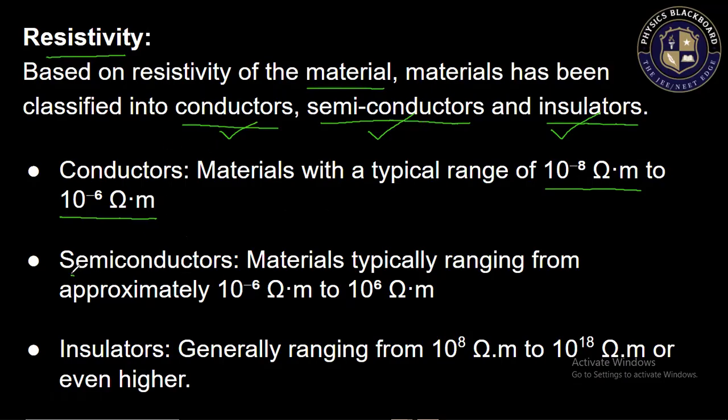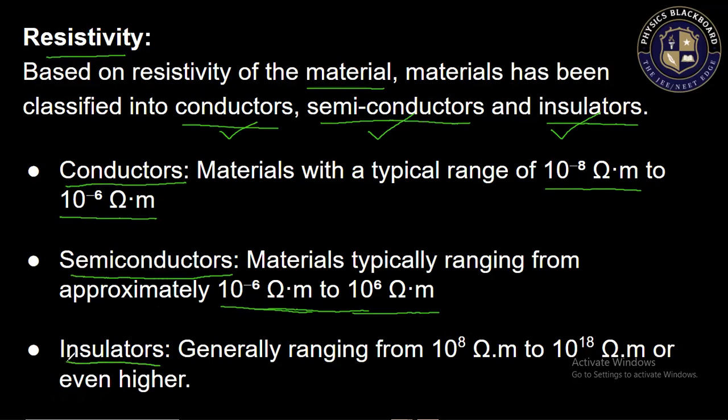And coming to semiconductors, their resistivity ranges approximately from 10 power minus 6 ohm-meter to 10 power 6 ohm-meter. You can see here that the resistivity value of semiconductors is larger than that of conductors, right? So they partially allow the electric current to pass through them.